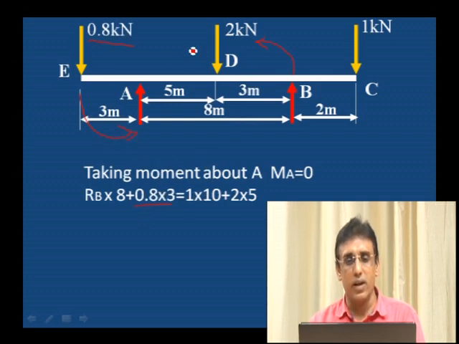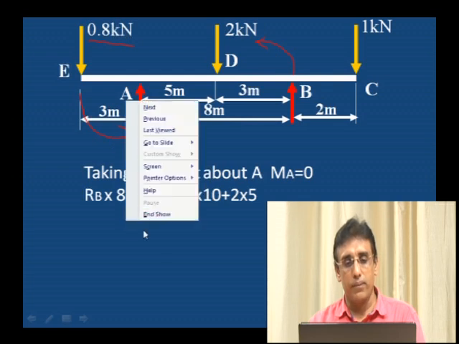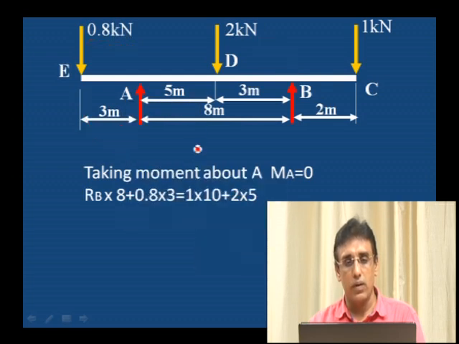We are equating the clockwise moment to the anti-clockwise moment. Clockwise moment is due to the 0.8 kilonewton as well as RB, that is why I have taken it on the left hand side, 0.8 into 3, equal to 2 into... first we will take 1 into distance, this is the clockwise moment, 1 into 8 plus 2, 10 meter, 1 into 10, that is the distance between A and C, and one more load of 2 kilonewton, 2 into the distance from A to D, 5 meter, 2 into 5.